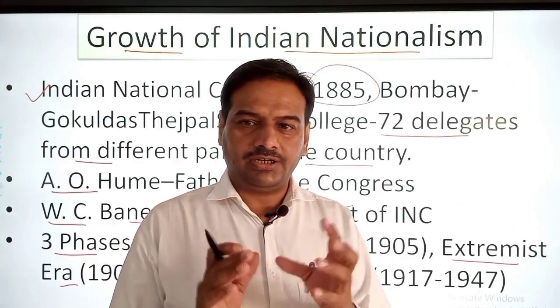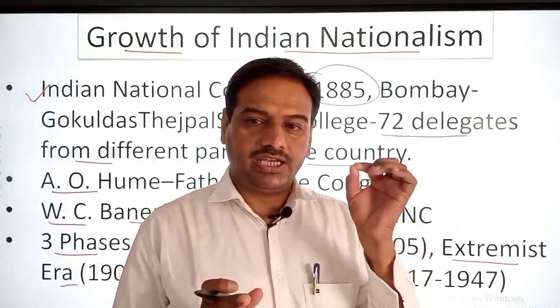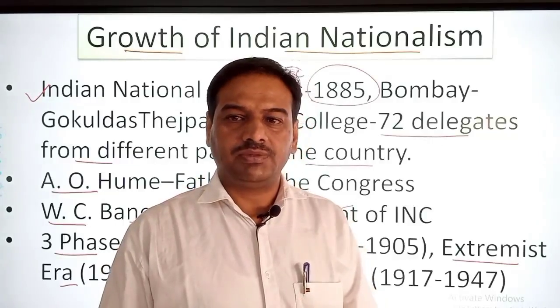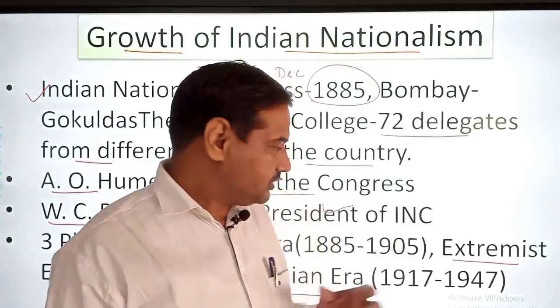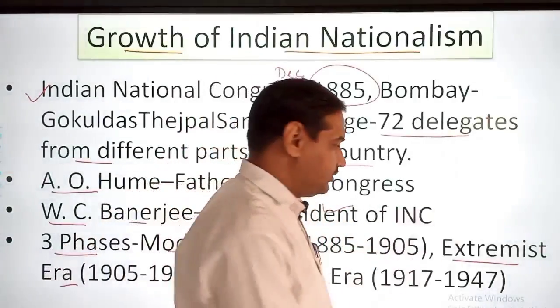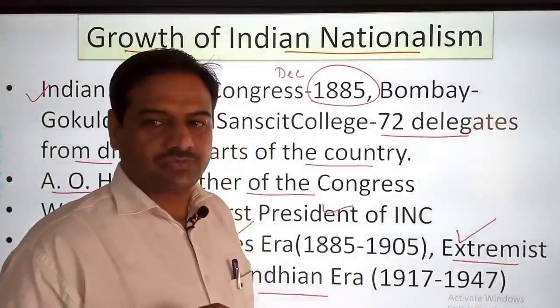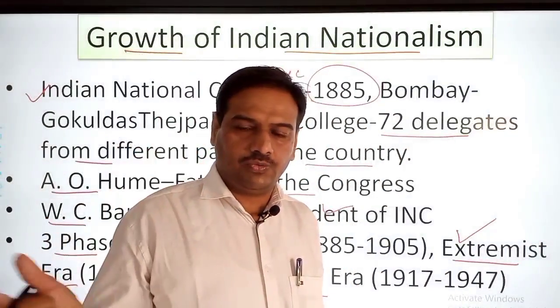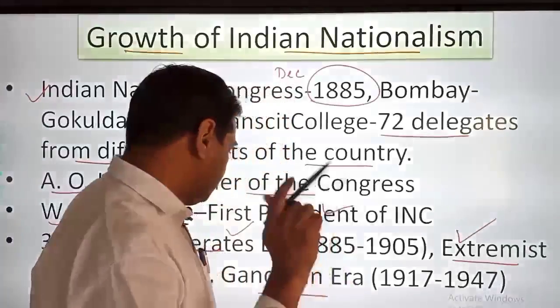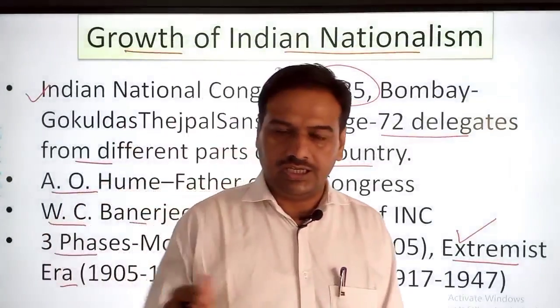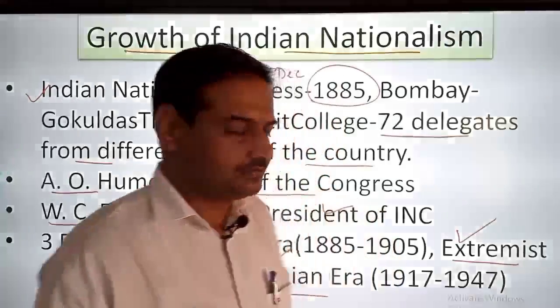But later on, the baton of the Congress went into the hands of the extremists like Lala Lajpat Rai, Bal Gangadhar Tilak, Bipin Chandra Pal. So these were the radical leaders. So there was an era of these extremist leaders. Thereafter, from 1915 onward, that era is called the Gandhian era because Gandhiji arrived in India from South Africa in 1915.